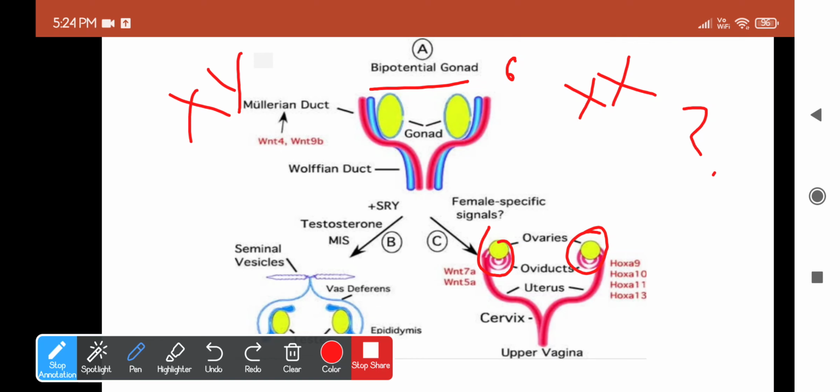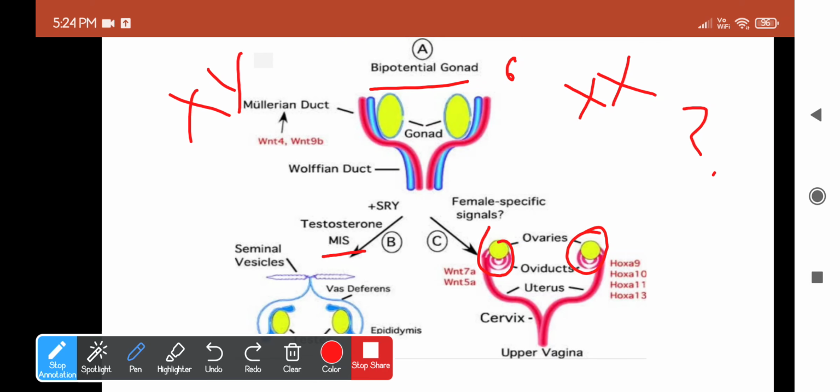And if you remember, the testis will have Sertoli cells and other cells, the Leydig cells, and the Sertoli cells will produce Mullerian inhibiting substance. If that is present, it will inhibit the development of the Mullerian duct. So in the absence of the SRY gene, testis determining factor, Leydig cells, and Sertoli cells, there will be no such inhibiting substance inhibiting the development of female organs.